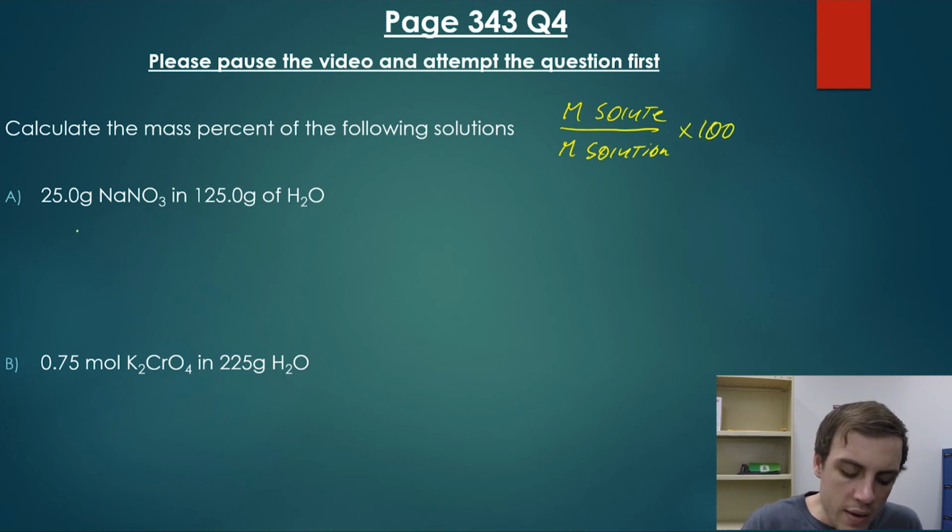So we have 25 grams of sodium nitrate, so 25 grams divided by, so we have 125 grams of water.